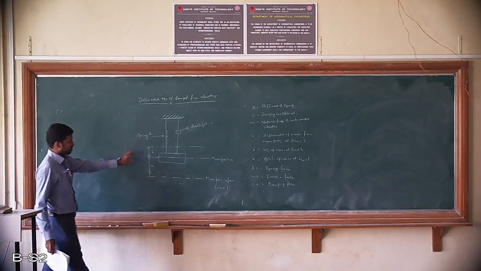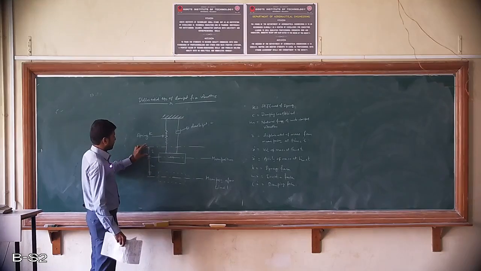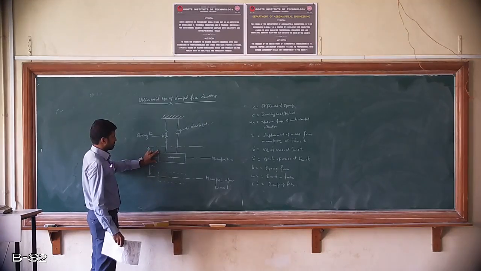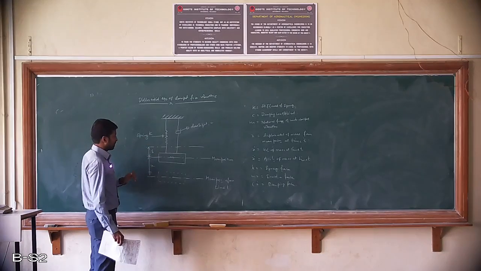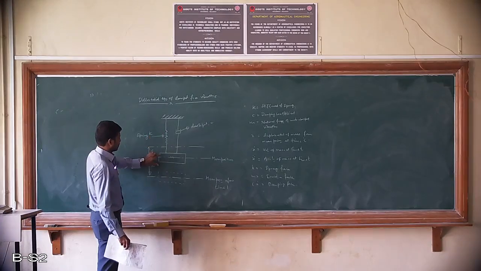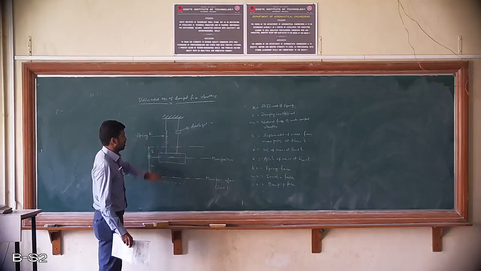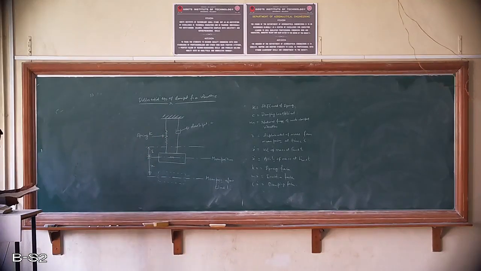When we attach this mass to the spring, there will be a deflection, and that deflection is shown by delta. The weight of the mass will be acting in the downward direction with an amount of m into g. Kx is the spring force, mx double dot is the inertia force, and cx dot is the damping force, which is because of the damper provided.